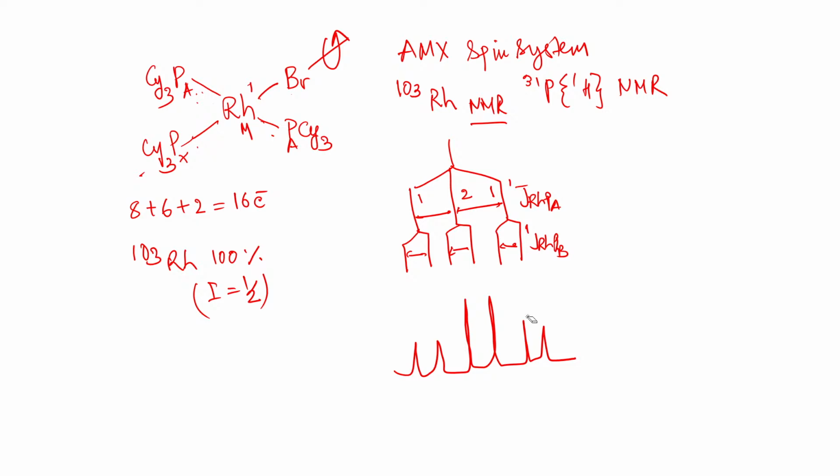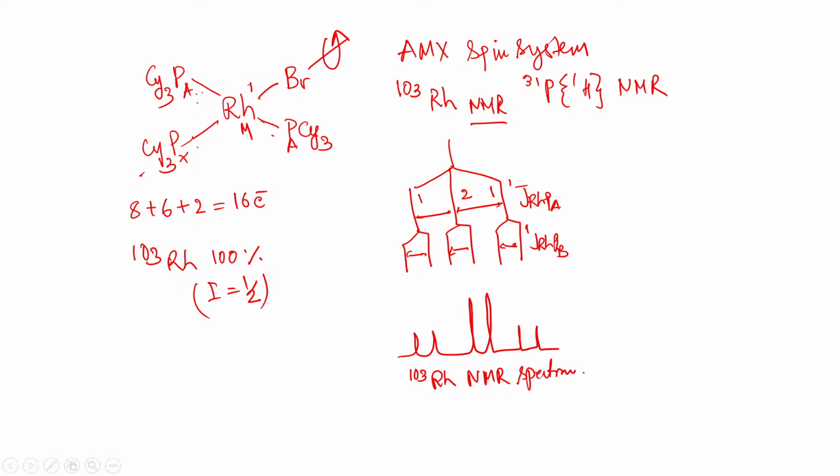Now the spectrum should look like this. This is the 103 rhodium NMR spectrum. So this includes both 1J rhodium phosphorus A coupling and also 1J rhodium phosphorus PB coupling. Is that clear?